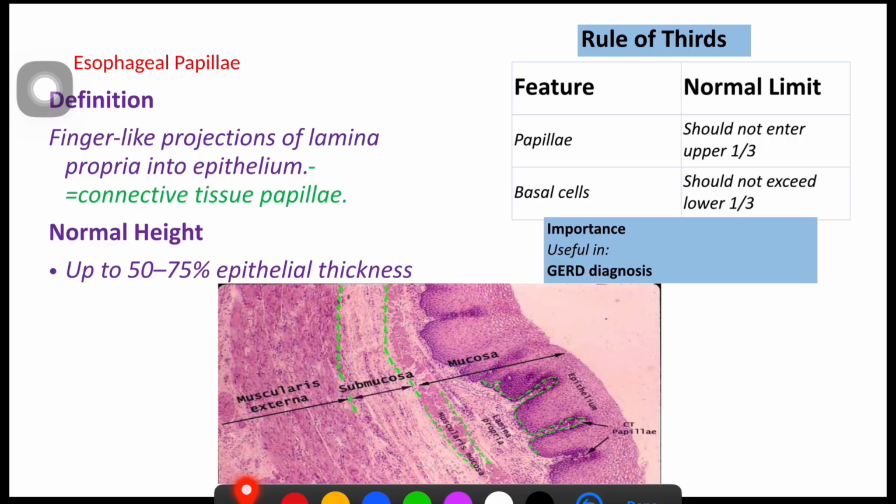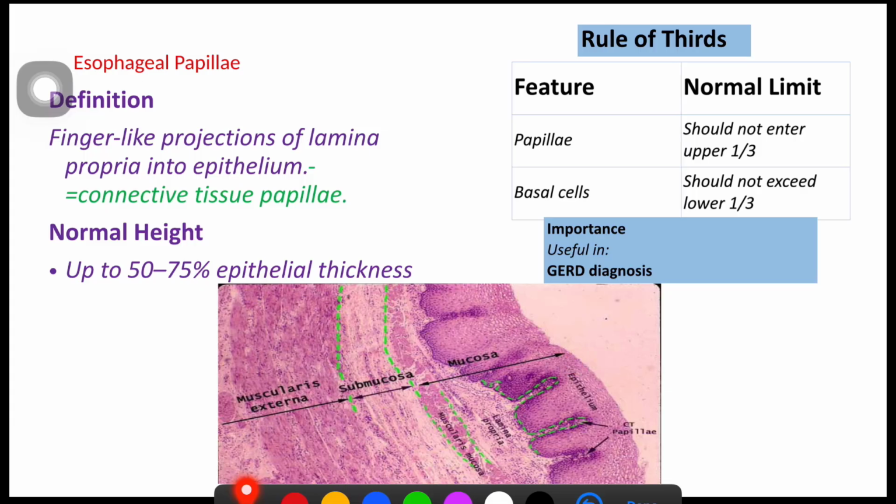Here you can see that the upper one third is spared from papilla. So, there is a rule of thirds. Papillae should not enter the upper one third area of the epithelium, right?